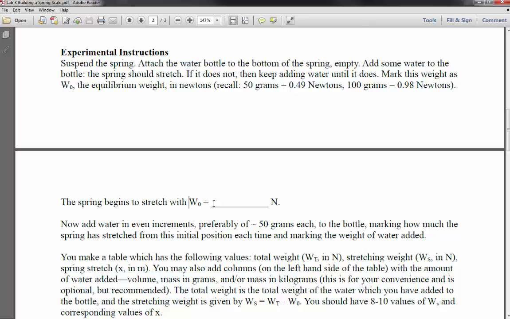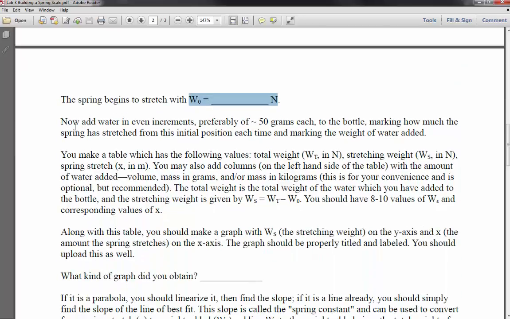Once that happens, write down the value of the amount of weight that you had to add before the spring would start stretching. Then add water in even increments of about 50 grams each from there. And then ultimately you make a table with the total weight added, the stretching weight, which is the difference between the total weight and this W0 value, and then also how much this thing stretches by.